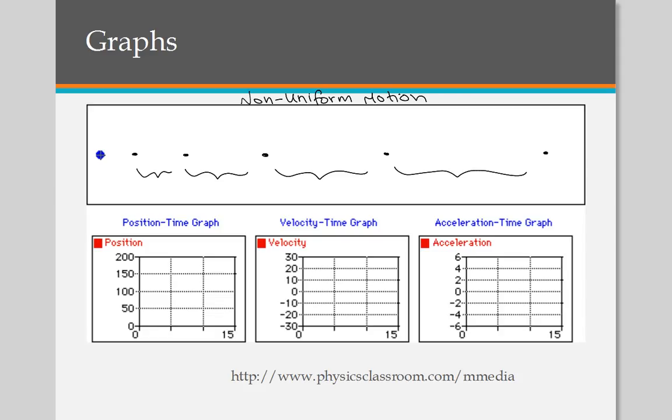So you can see in this picture that the object is traveling a different amount of distance per same unit time. So what would happen is your position time graph, displacement versus time, would be nonlinear.